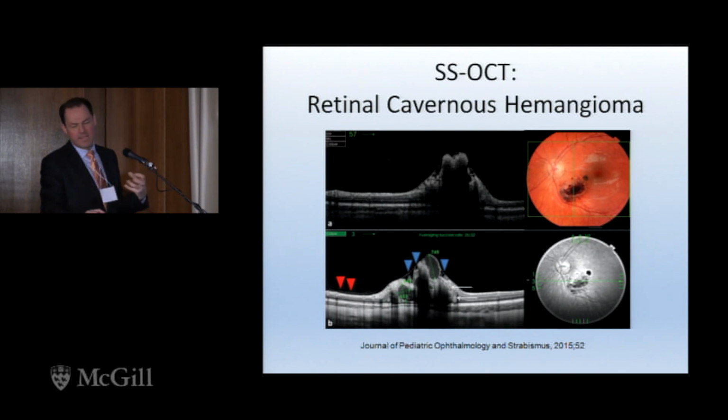But wavelengths closer to infrared can penetrate, and that's what we see down here. We see the saccules. We also see posterior hyaloid still attached to that lesion, and these are indicated by the red and blue arrowheads here. And using the calipers within the program, we can measure these saccules. Again, useful to see if this is progressing in the future.